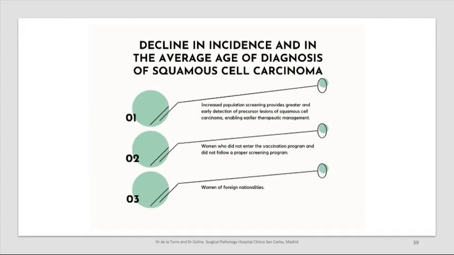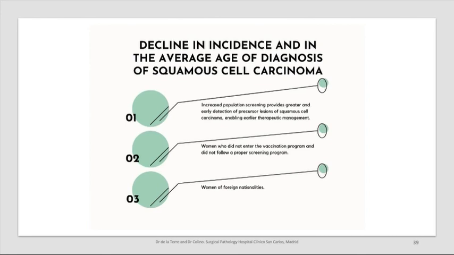For squamous cell carcinoma, we have observed a decline in incidence and a decrease in the average age of diagnosis over recent years. Increased population screening allows early detection of precursor lesions, justifying the incidence decrease.